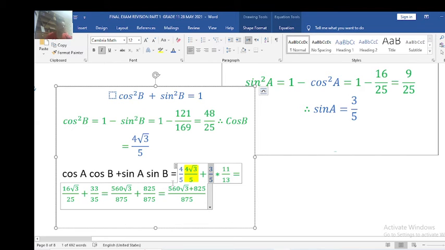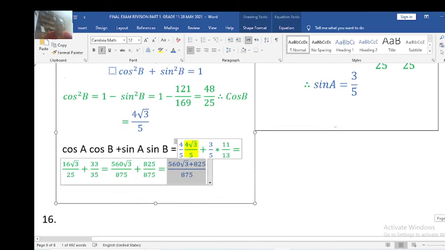Just simplification, addition of two fractions. You should find the common denominator. Then the last answer is very easy. You can do it again by yourself. It will be 560 root 3 plus 825 divided by 875.